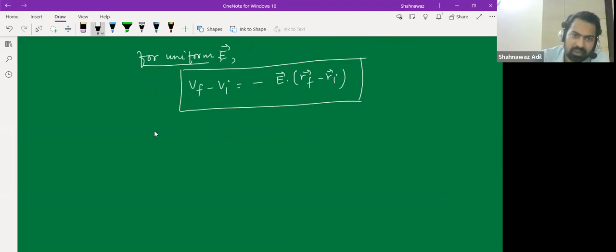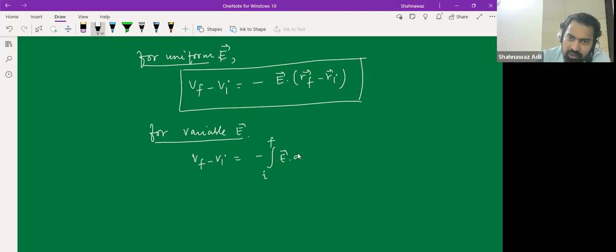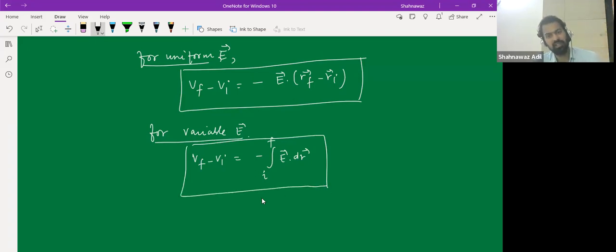Okay. Now for the case of variable electric field, the potential difference is simply minus the integral from initial to final point of E dot dr, where some form of electric field would be given. So this is the potential, right?